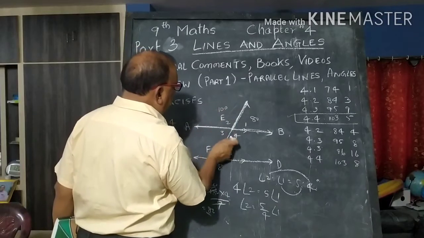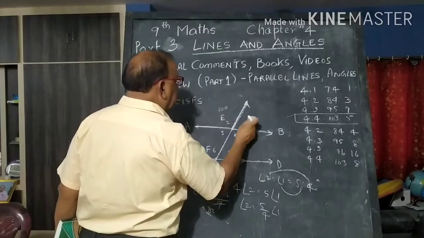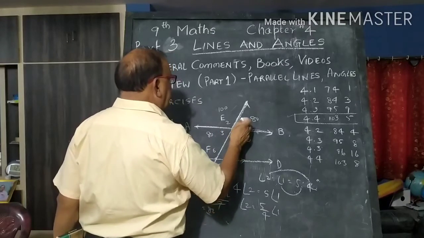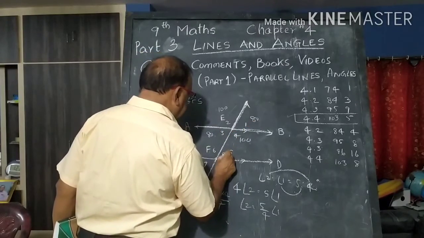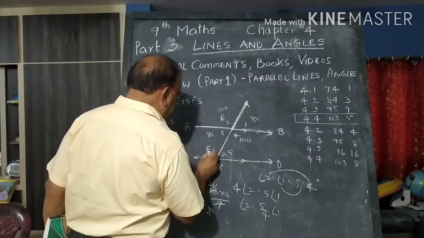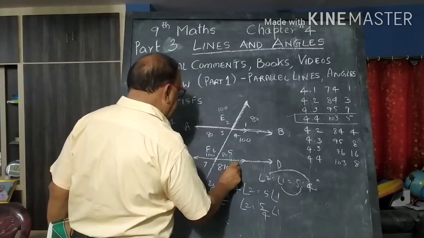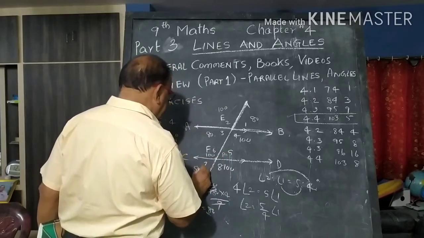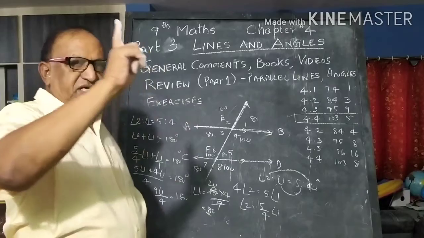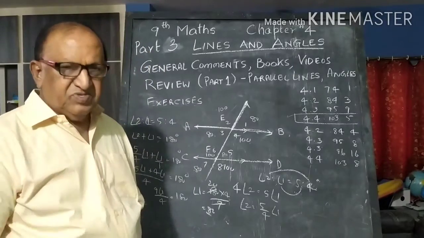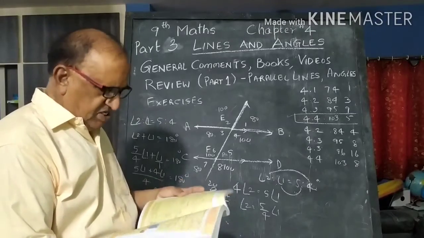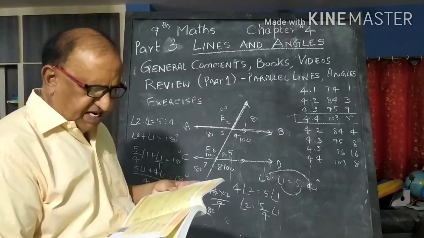If this is 100, the opposite is 100. If this is 80, then this should be 80. If this is 80, this should be 100. If this is 100, then it should be 100. If this is 80, this is 80. See how I formulated the reasoning, how just by knowing one angle, you can tell all the other angles. That is problem number 16, right?